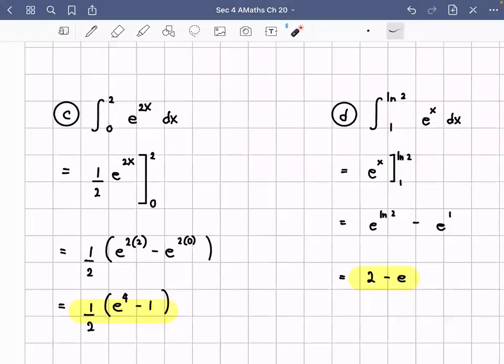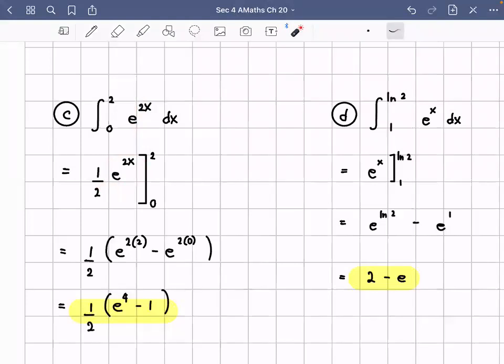Now letter C and D, we now have limits. For letter C, we find the antiderivative of e raised to 2x from 0 to 2. First things first, we need to get the antiderivative of e raised to 2x. You have your coefficient, 2x, that's why you have 1 over 2, or 1/2, and then write this thing again.